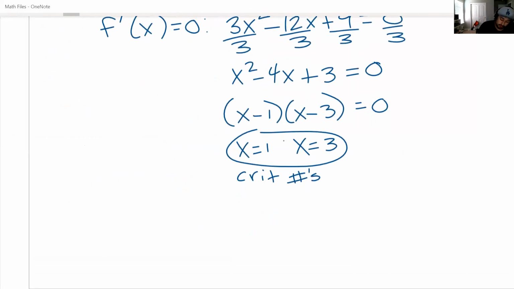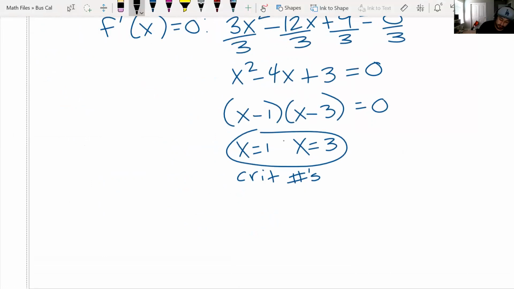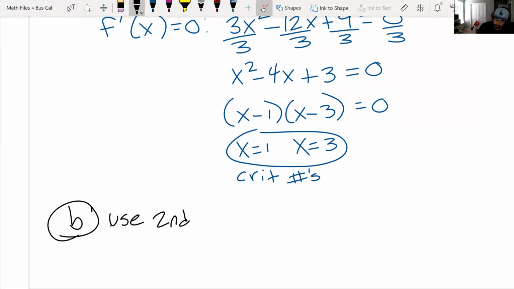So step B is use the second derivative test. So this means find the second derivative.